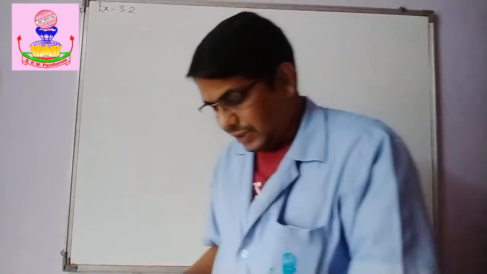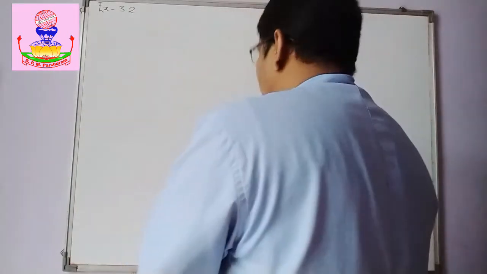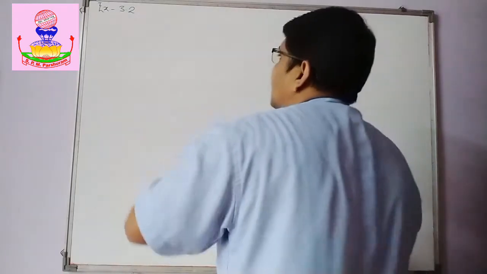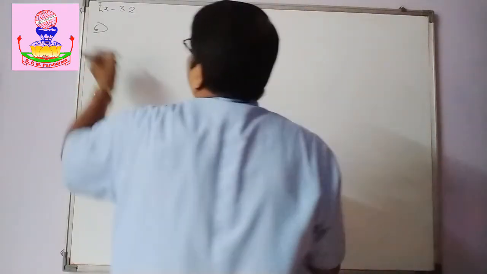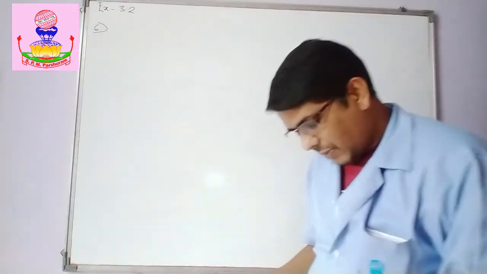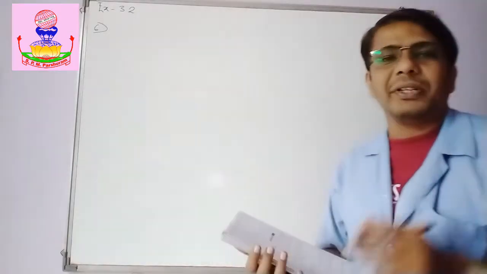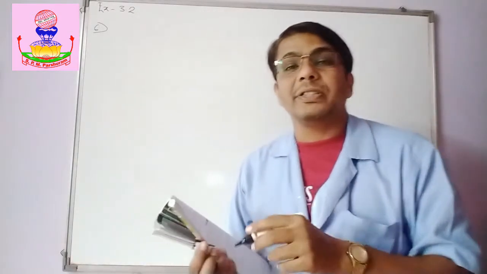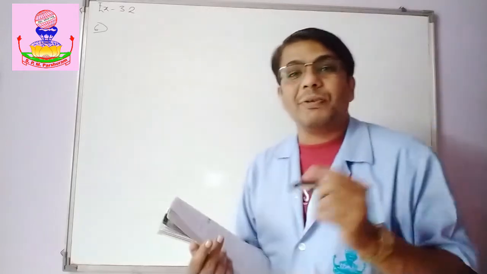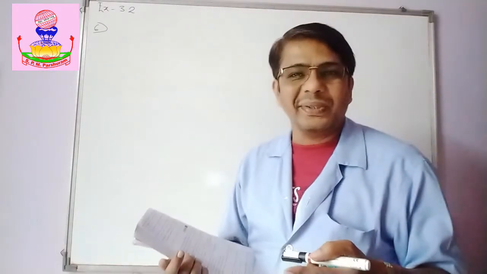Sixth one. What is the difference between the two-digit even number and odd numbers? Okay. So you want to find two-digit even numbers. Two-digit even numbers and odd numbers. Means actually the question has to be: what is the difference in the sum of two-digit even numbers and sum of two-digit odd numbers.